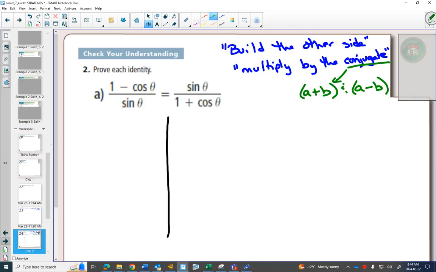So, what does it mean to build the other side? Well, we try to make something the same. And in this case, I'm going to build the denominators to be the same. These fractions don't equal each other, but you are always allowed, maybe I'll make a note of this.